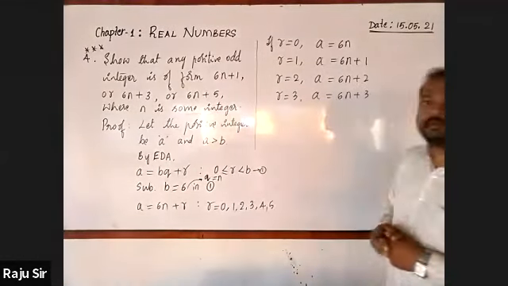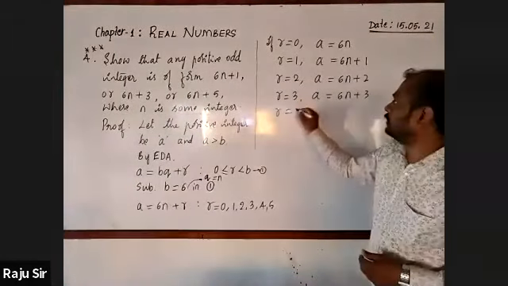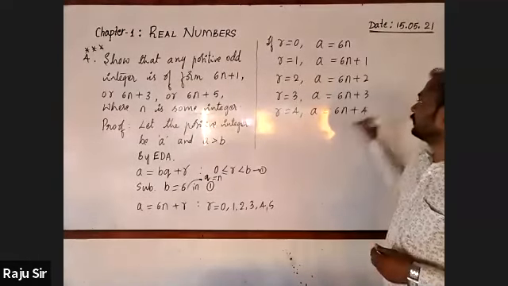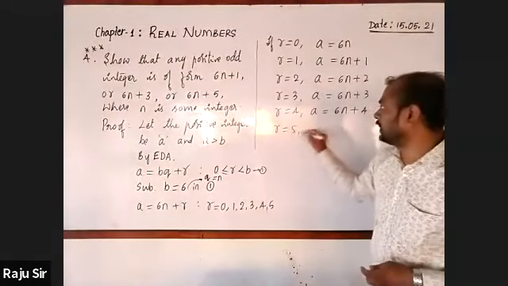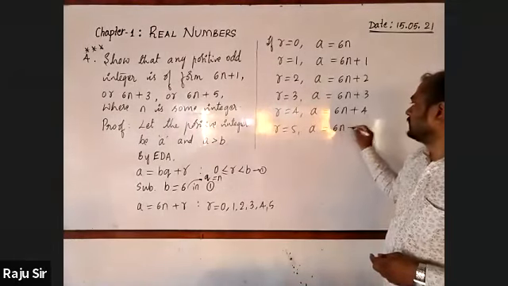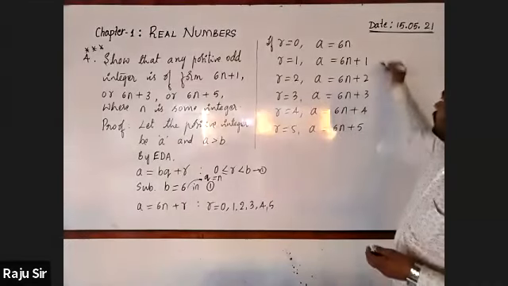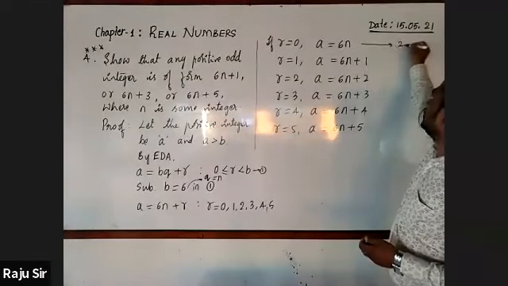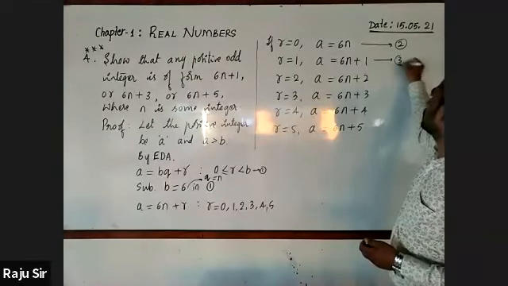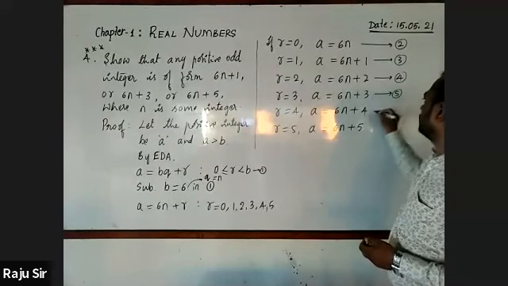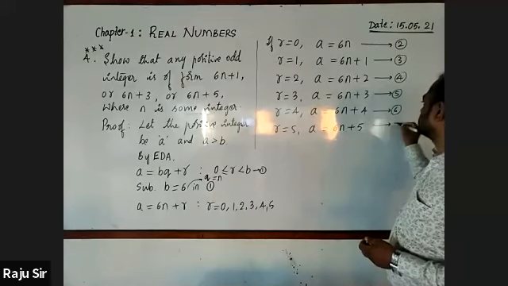If r equal to 4, a equal to 6n plus 4. If r equal to 5, a equal to 6n plus 5. Now you may call these statements 2, 3, 4, 5, 6, and 7.